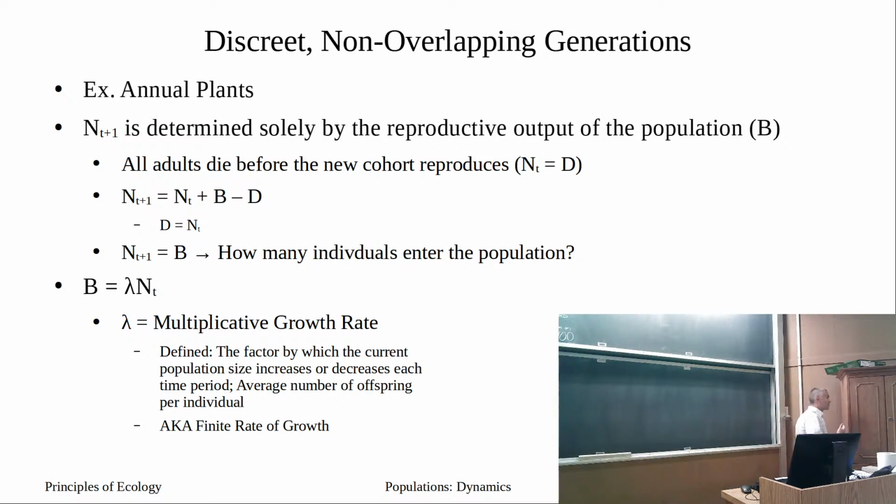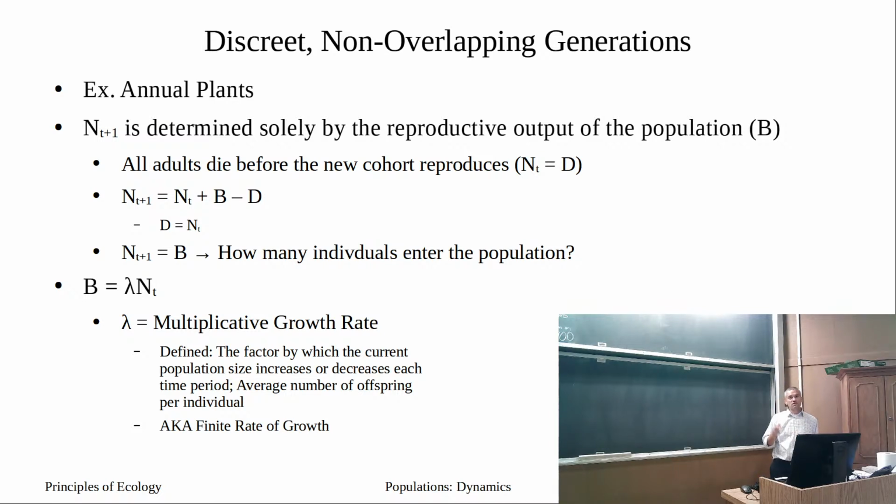That number B, the number of births in our population, is equal to lambda times N sub t. Lambda is what's called our multiplicative growth rate, or you'll hear me refer to it as the finite rate of growth. Lambda is a factor by which our current population size increases or decreases at each time period.